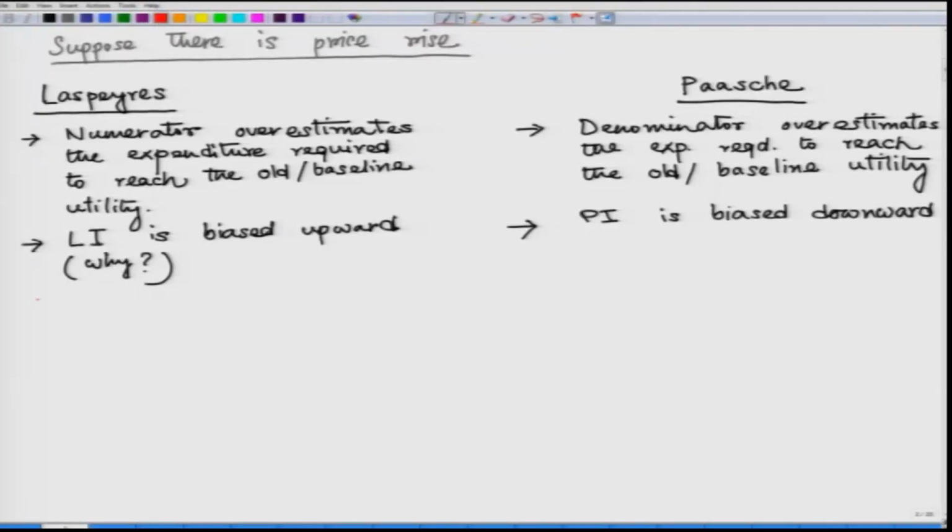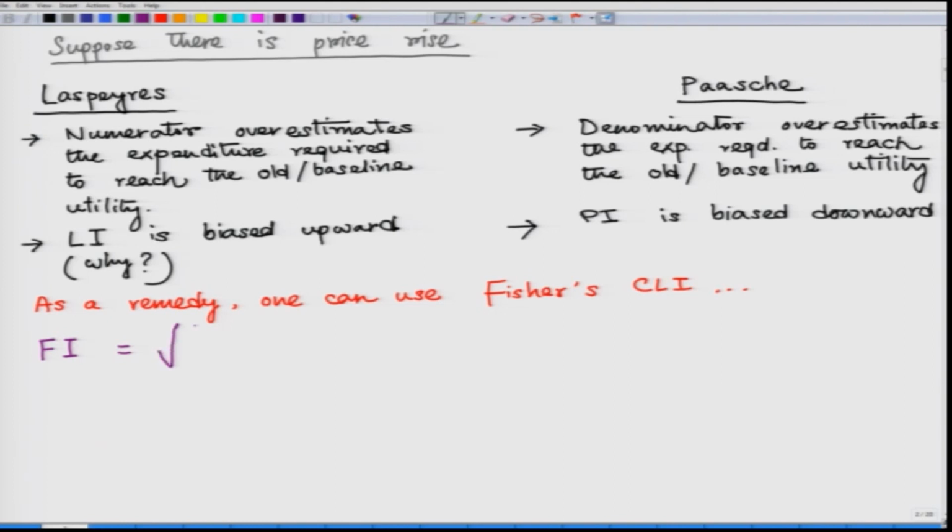So, now as a remedy, one can use Fisher's cost of living index, and that is denoted by FI, and that is basically the geometric mean of the Laspeyres and Paasche price index numbers.